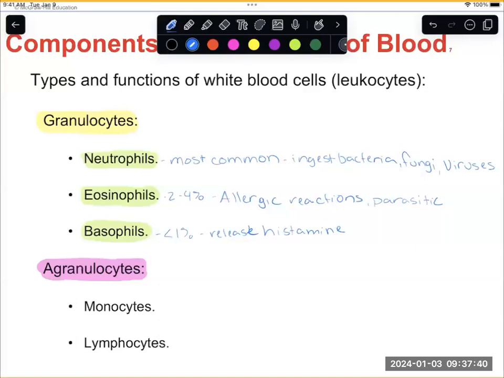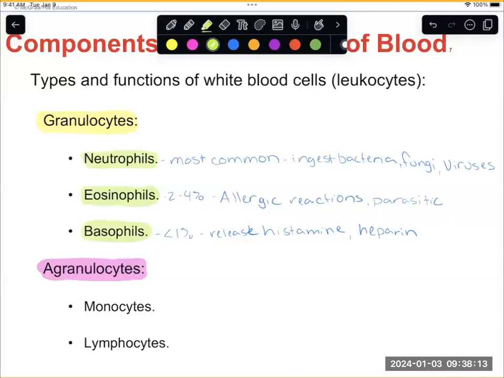That's the histamine being released. It's also the redness in an allergic reaction. They also release heparin. That heparin prevents blood clots. This heparin has been put into a drug that people can take to, again, prevent those blood clots.